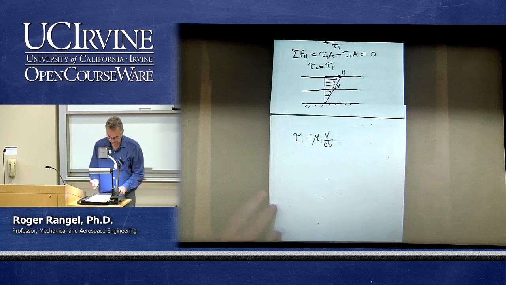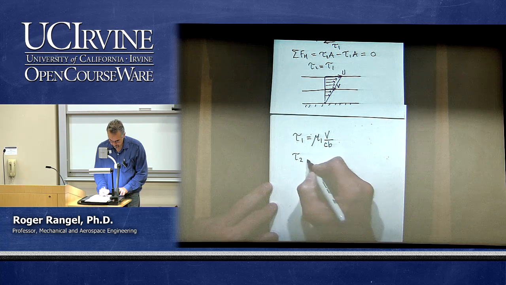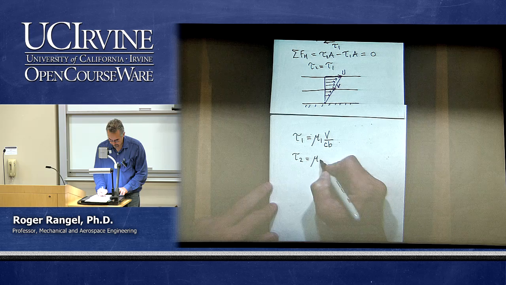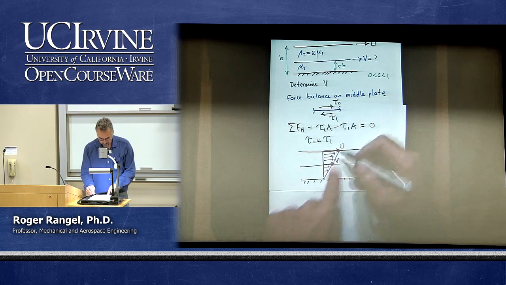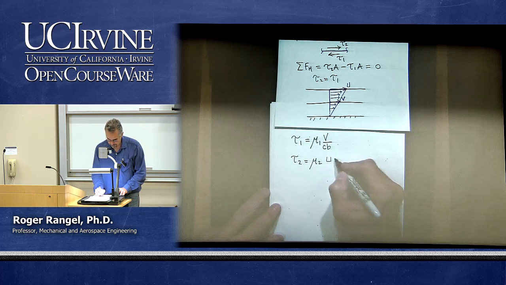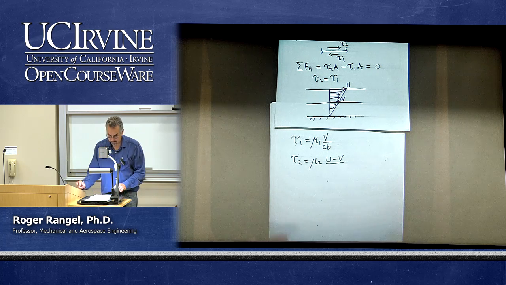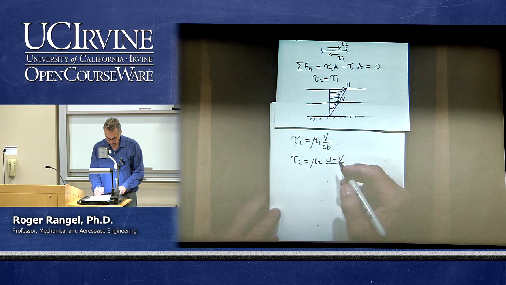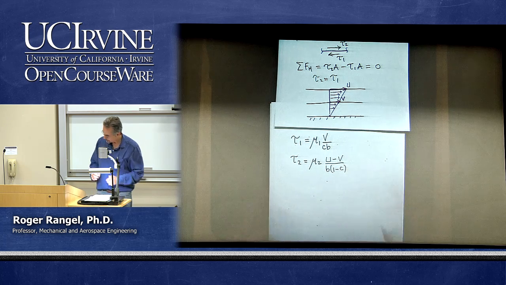And then for the other fluid, for the top, tau sub 2 should be mu sub 2 times the slope, which is now U minus V divided by the distance, which is b minus cb, so it will be b times 1 minus c.